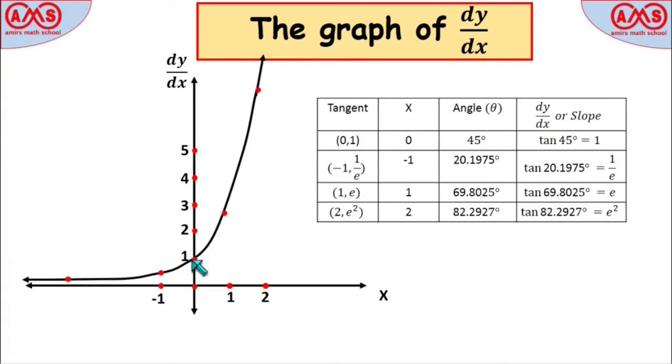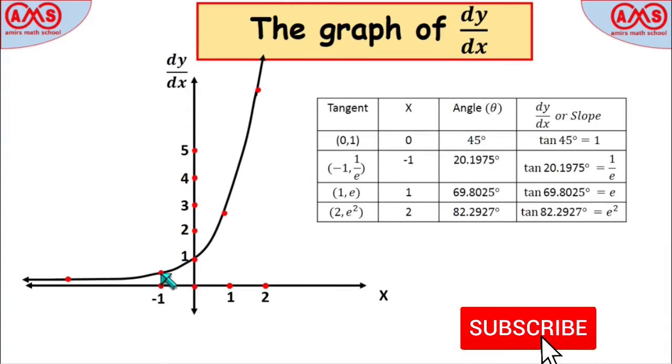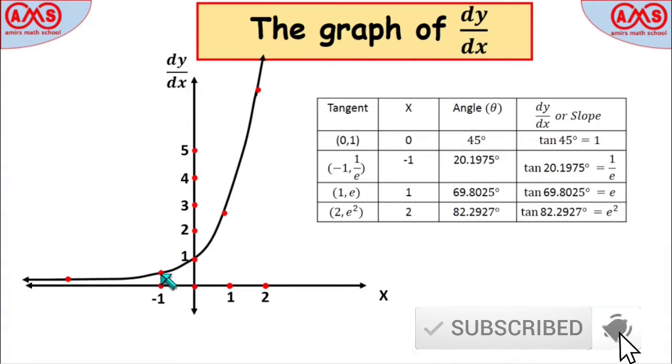So we got this point, 0, 1. Again, for x equal to minus 1, the value of dy by dx, the slope of tangent, is 1 by e. So we got this point, that is minus 1, 1 by e.